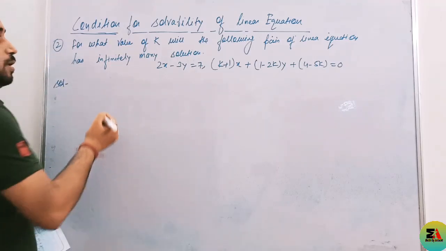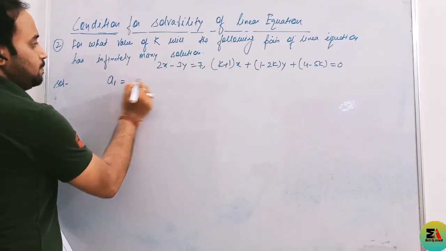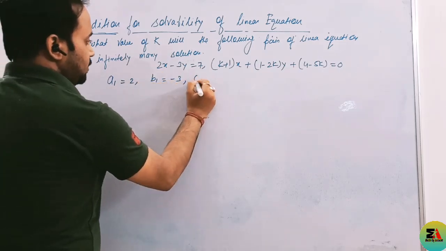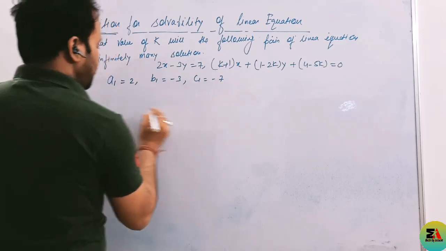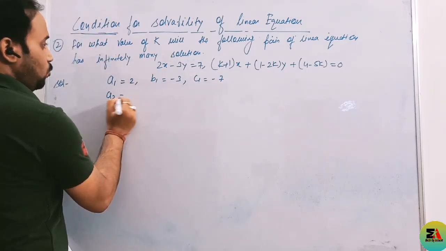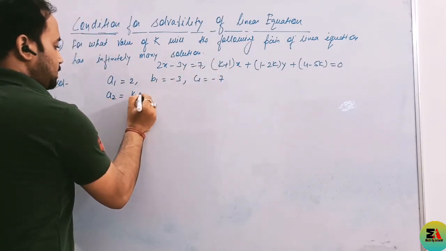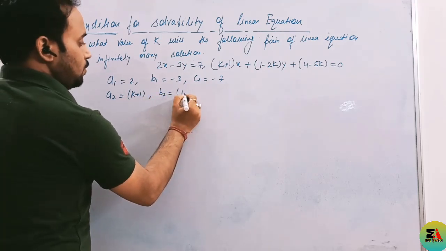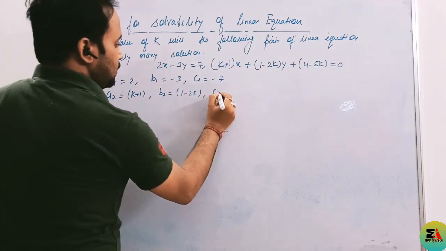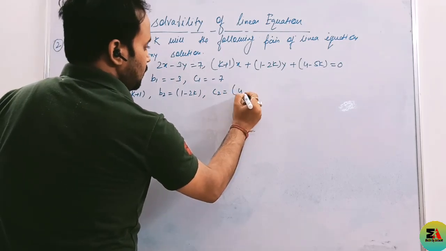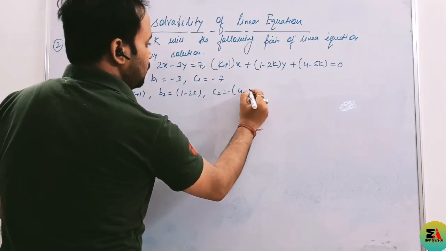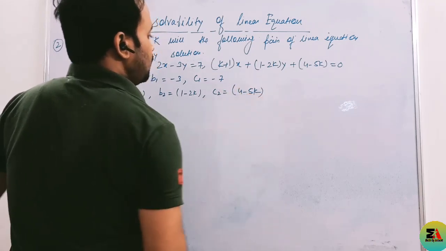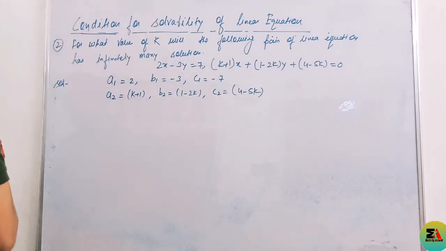Proceeding in a similar way, first we write all the coefficients. a1 is 2, b1 is minus 3, c1 is minus 7. Clear? Same as a2 is k plus 1, b2 is 1 minus 2k, c2 is 4 minus 5k.